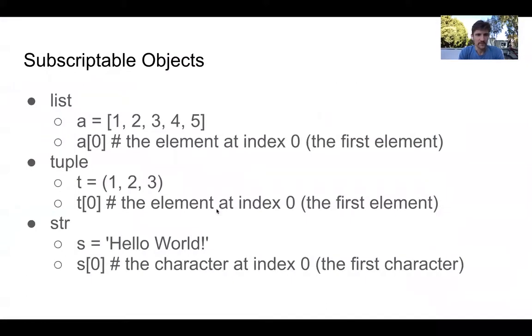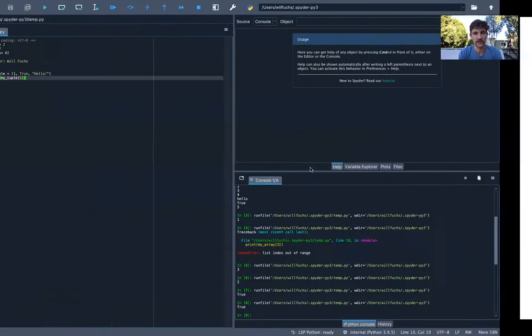Going back to the presentation here. So we covered list and tuple, and then string lets us pull out individual characters. So it kind of treats the string like an array of characters. First is H, and then in here you've got the space character, and then a capital W. And so we can pull out specific characters or iterate over them.